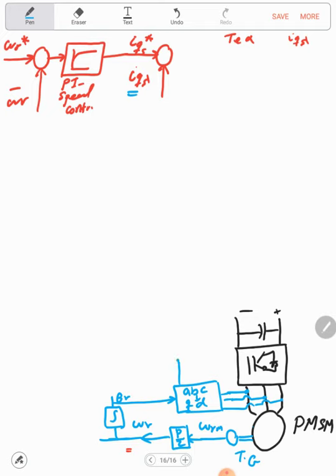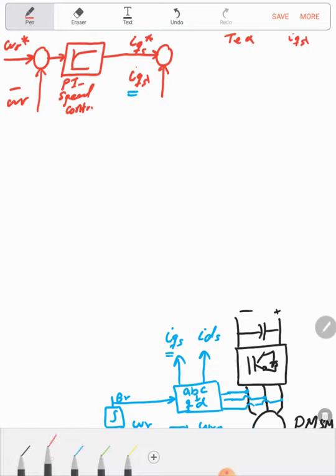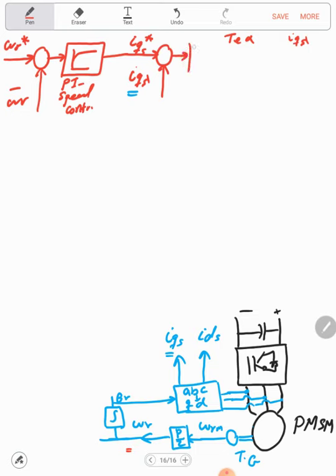And now we will get the IQS and the IDS. So this will be the IQS. And after that, here we will use the current control, and this will give us UQS.